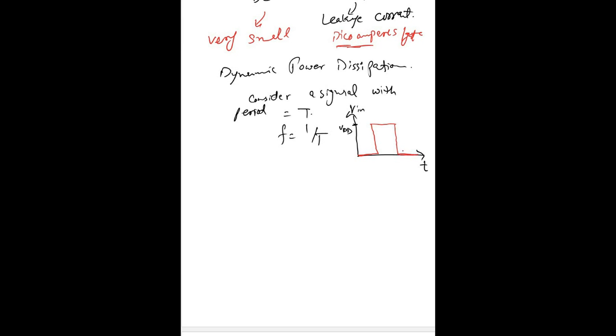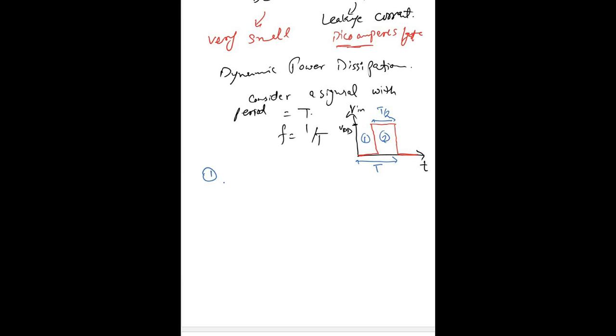We are considering two cases here, when the signal is 0 and when the signal is 1. We know that this is our T and this is represented by T by 2 here. So we have to consider two different cases.